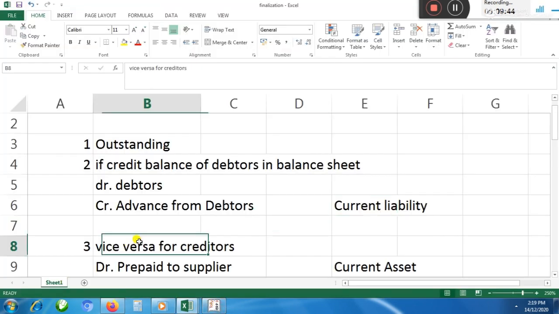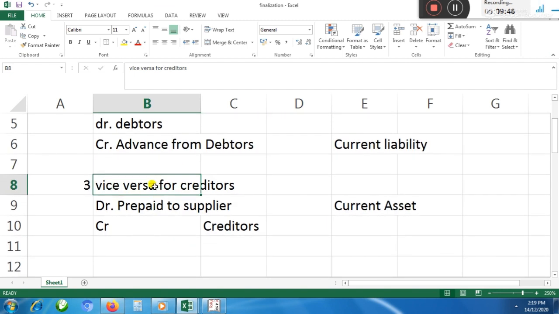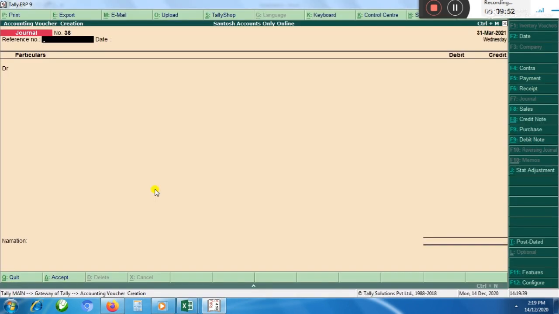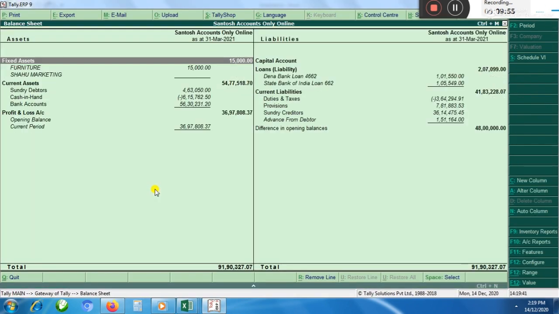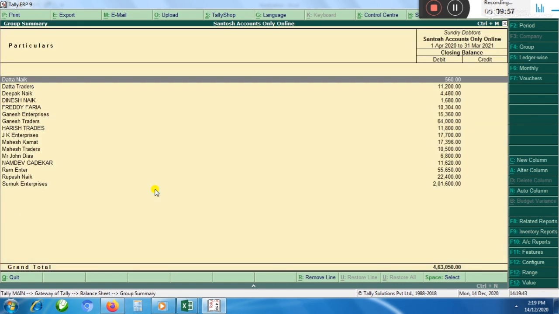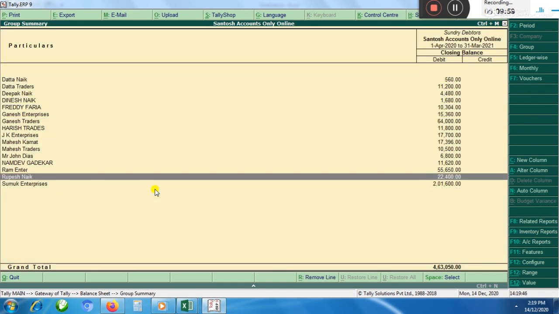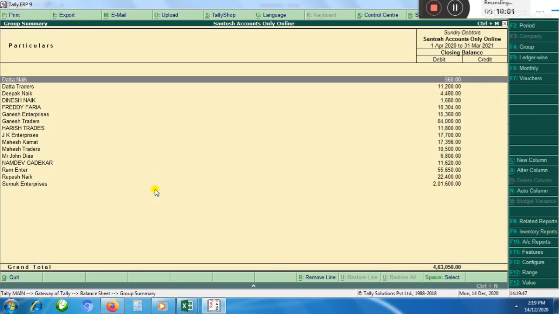Vice versa in the creditors, it should show a credit balance, and if the creditor shows a debit balance, I'll go to the balance sheet and see. Now in the balance sheet all will be debit balances. There is no credit balance, because whatever credit balance the party showed, in the journal entry I debited them, and the credit will be advance from debtors as a current liability.